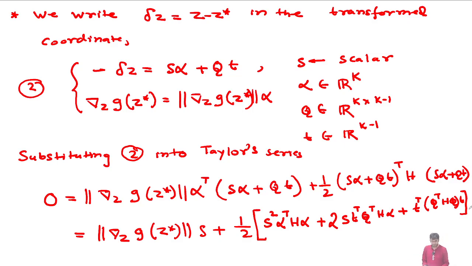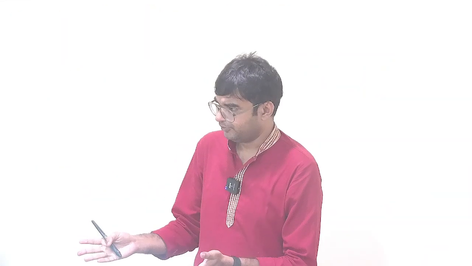So let us stop here at this point and now go back to the limit state surface and try to understand if we can say something about these 4 or 3 terms that we have. The first order term is fine. The second order, I now have 3 terms. One term is having s square, the other one is having s times t or s t transpose, the third one is having t square or t transpose t.